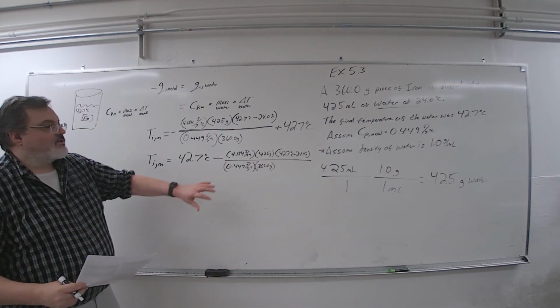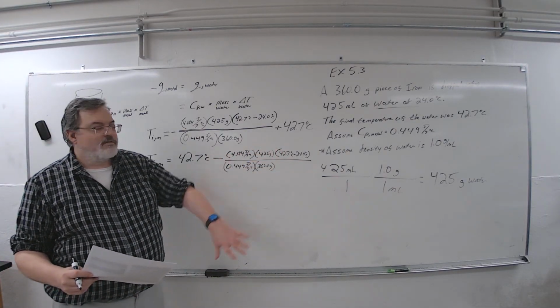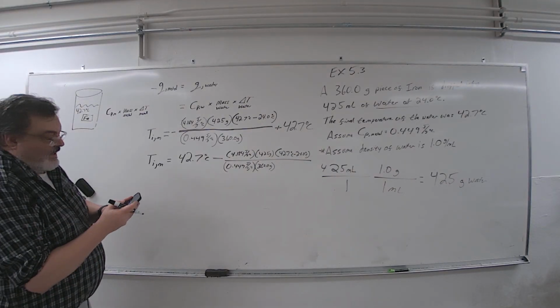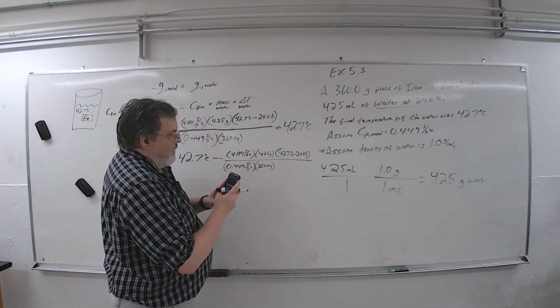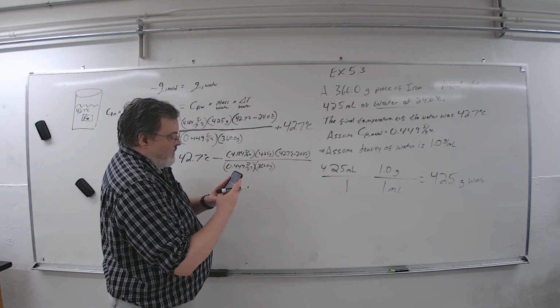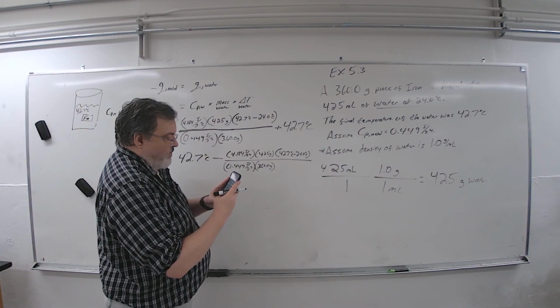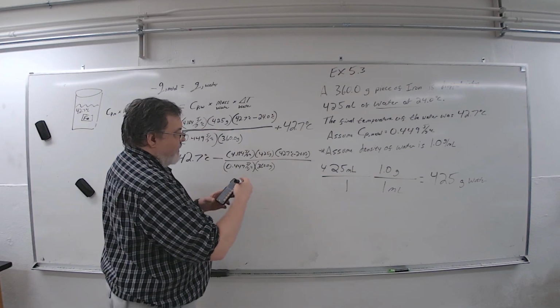All right, now let's crunch through all this. See what you get for all of that. The delta T, 42.7 minus 24.0. We really have to do that first.